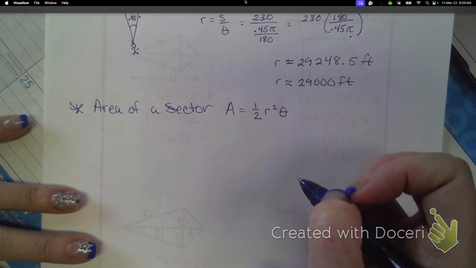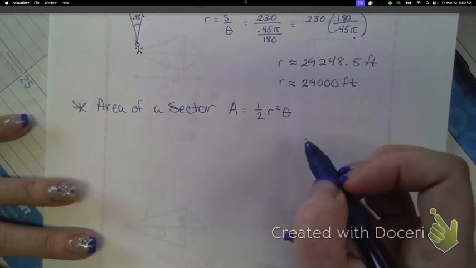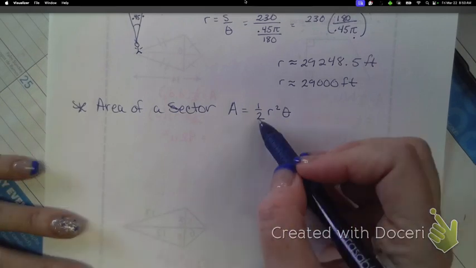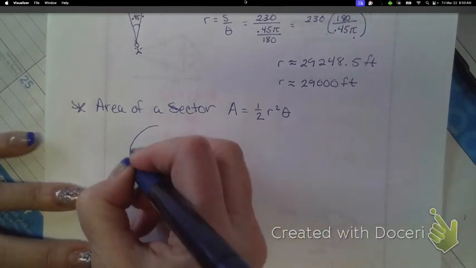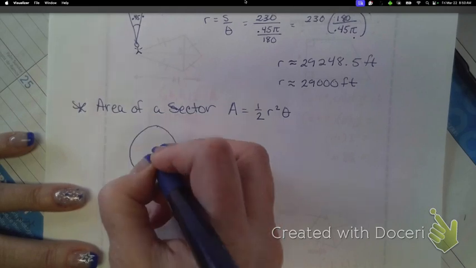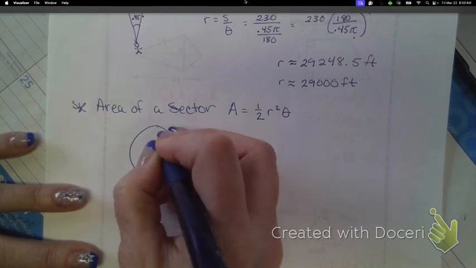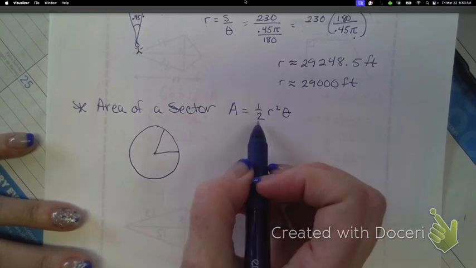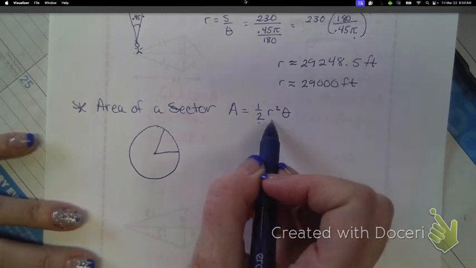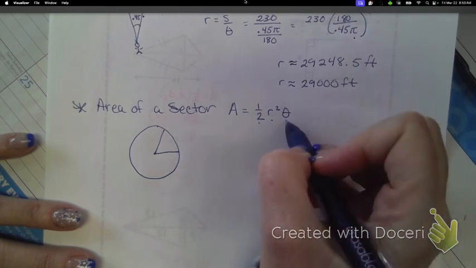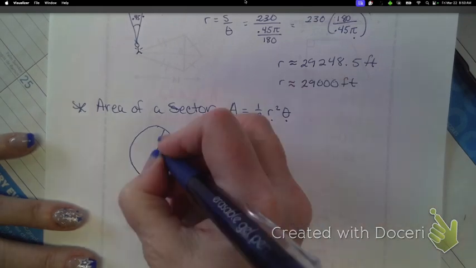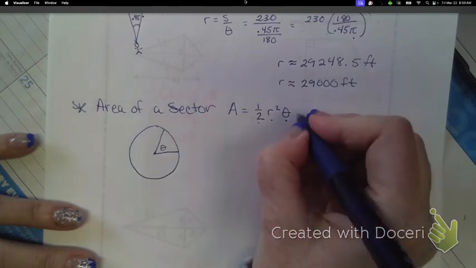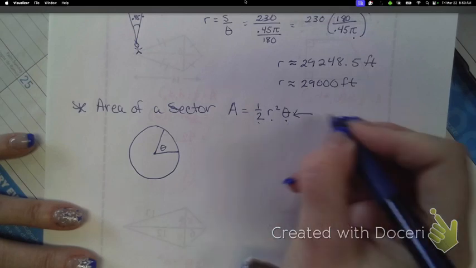Now, that is not exactly why those things are there, but we're going to remember it because a sector kind of looks like a triangle. So it's 1/2. R squared comes from the area of a circle, and theta is our fraction of our circle, our central angle. And theta, again, has to be in radians.